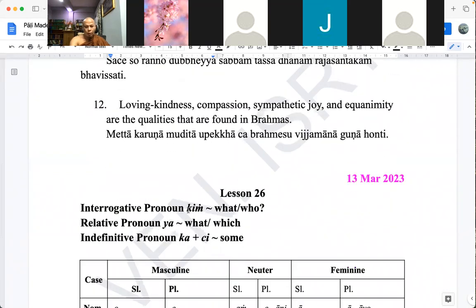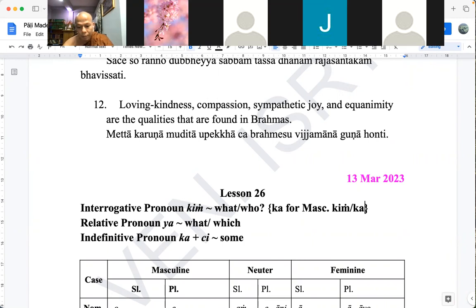So this interrogative pronoun ka: we use ka for masculine, but for neuter, kim as well as ka.